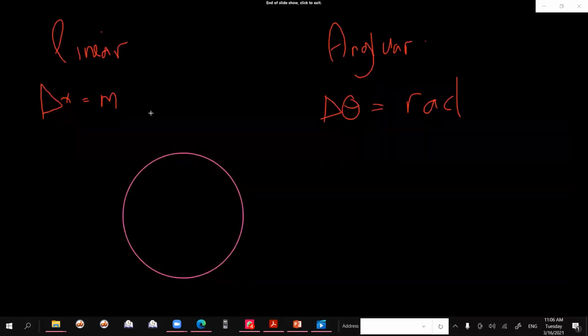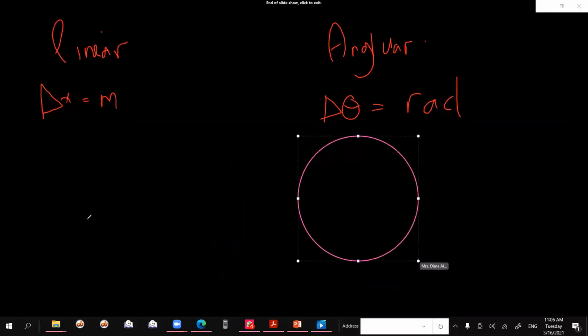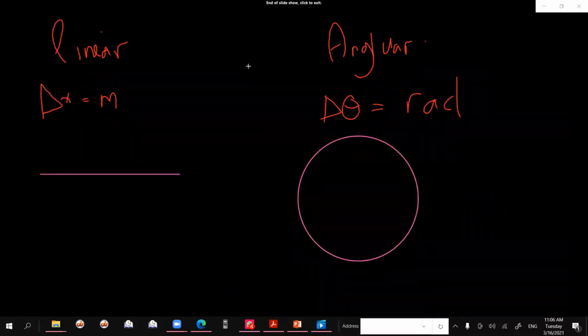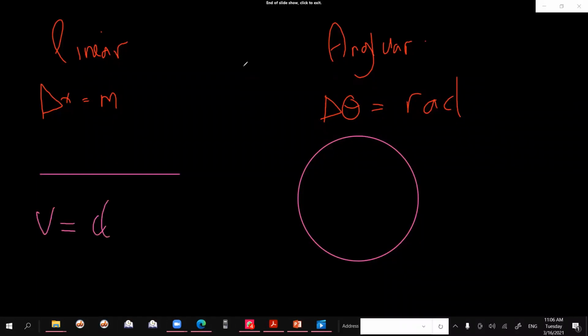All of us know that if I want to find the linear speed, it is the distance over the time. This is the velocity or linear speed, distance over time. This is for the linear.